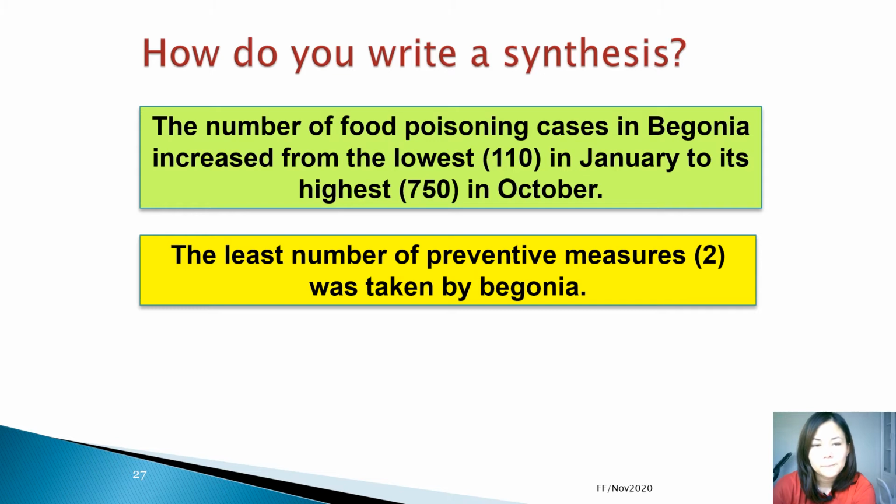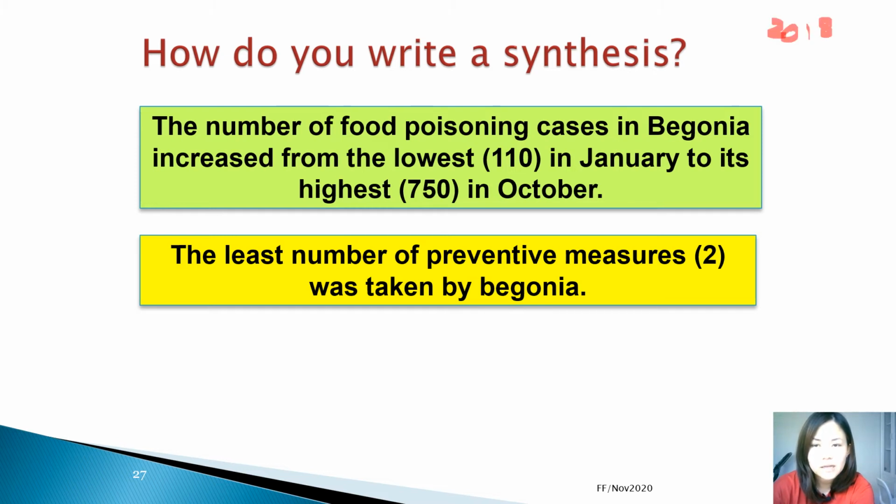Okay, now I'm moving on to writing a synthesis. Ladies and gentlemen, I would like to let you have a close look at how we write synthesis. Usually we will identify the same town, the same subject, and the same year as possible, because the information given here is for 2018.